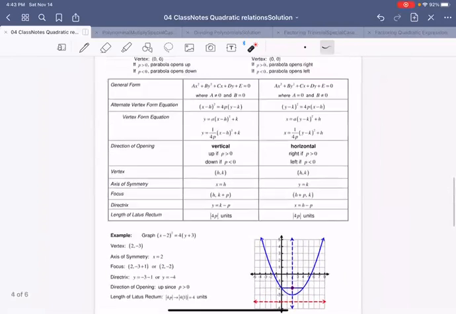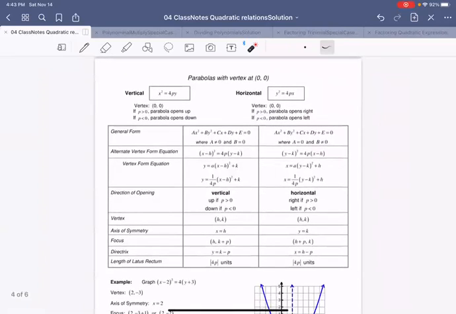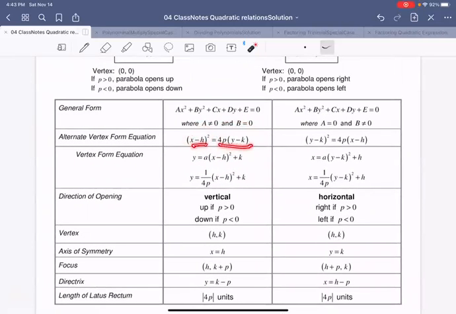For example, in school, they will say, go ahead and remember everything listed in the table. First you see this format, and then you remember your vertex is at h, k, then x equals h, and you remember your focus is this, the directrix is this, and if the parabola opens horizontally, you need to remember this.